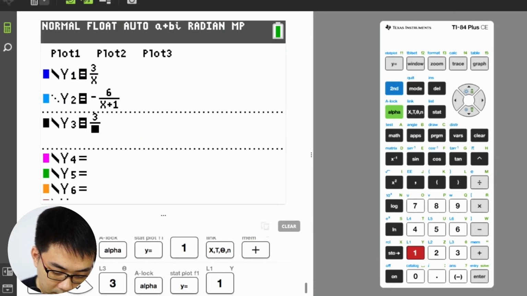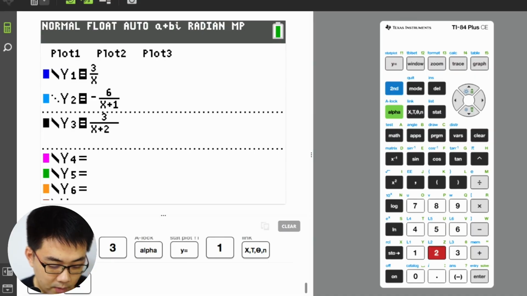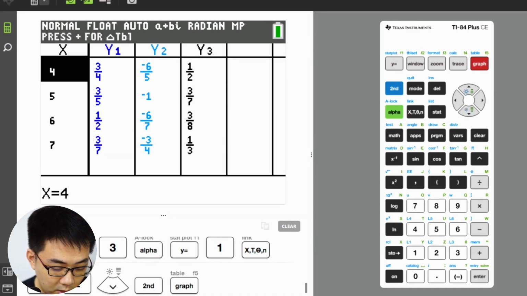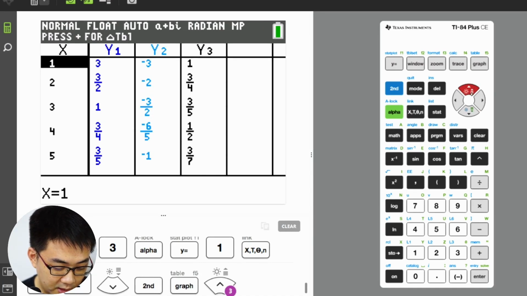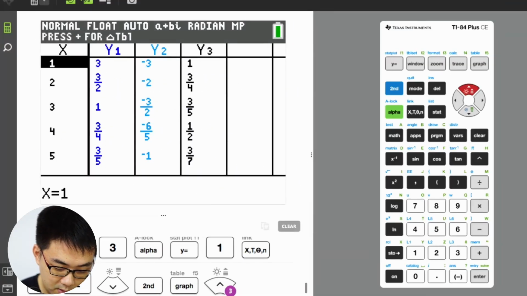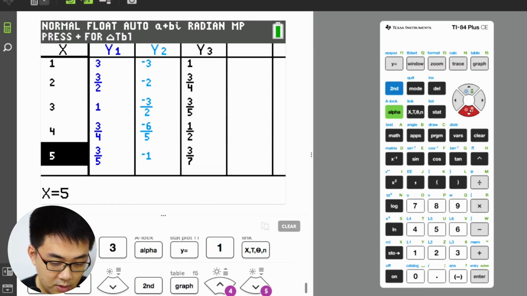Key this in. Then what you do is you just press second table. Just key all this in, you get the table here. Then you just get this graph here. I'm just going to copy this graph over.